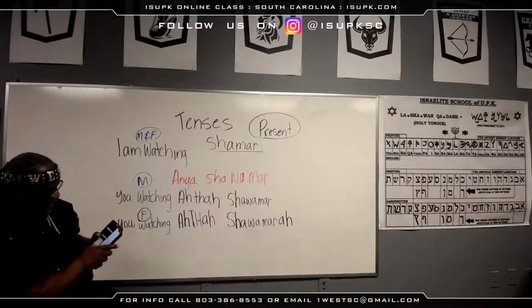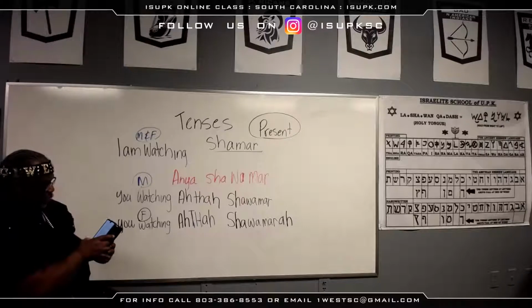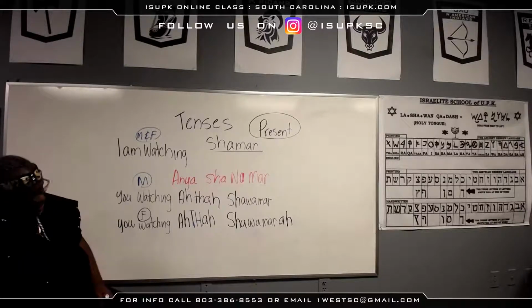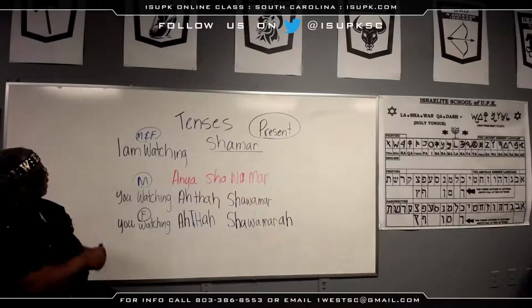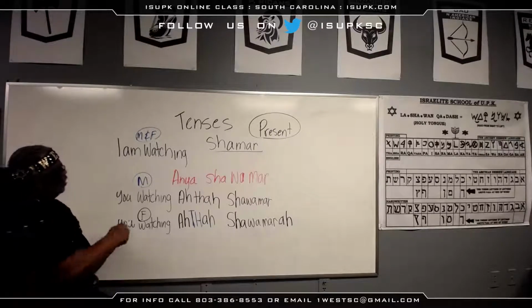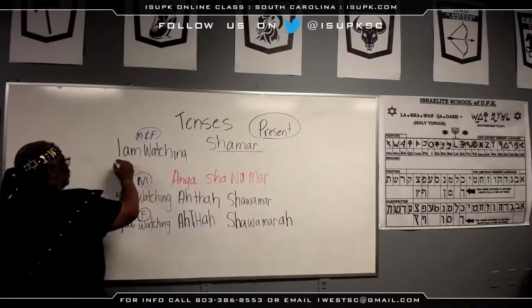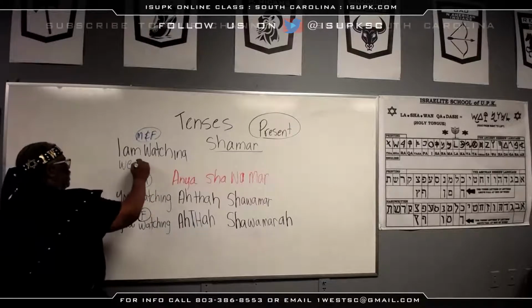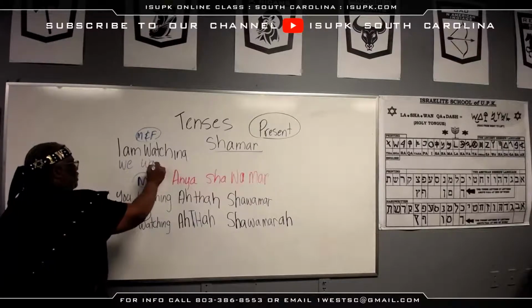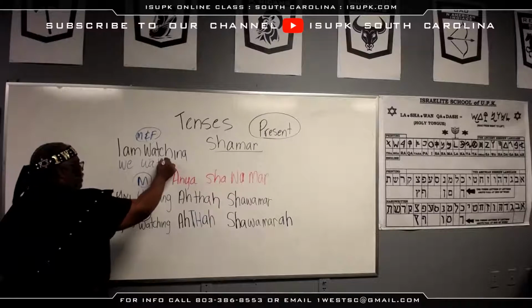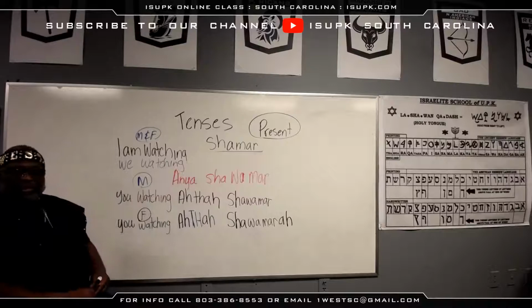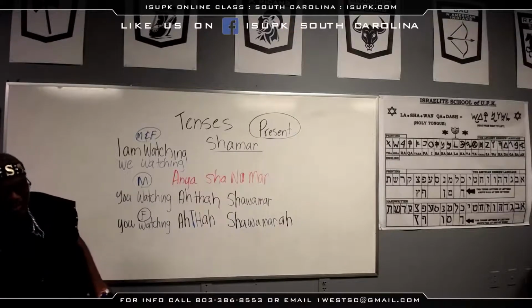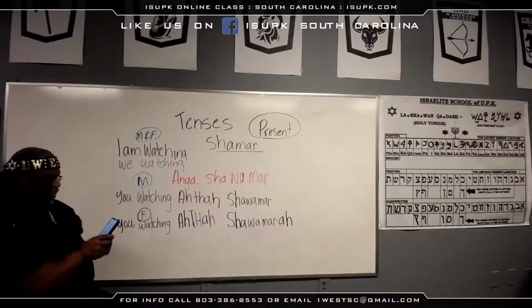And let's go down to, let's say, we are watching. If I want to say we are watching, both of us, like if somebody tells you to go shamar, you say we're watching. Okay?